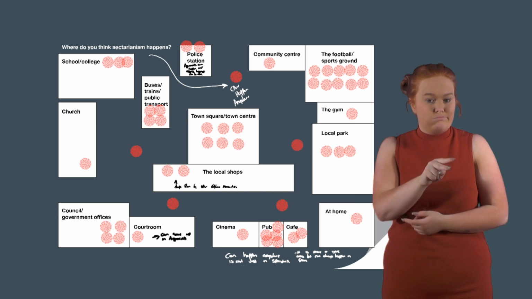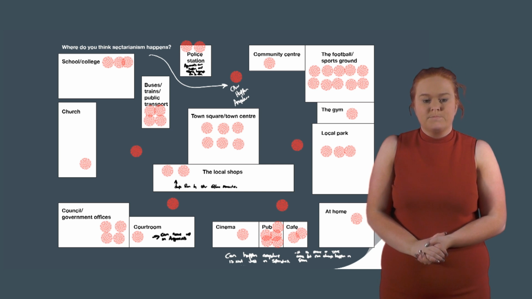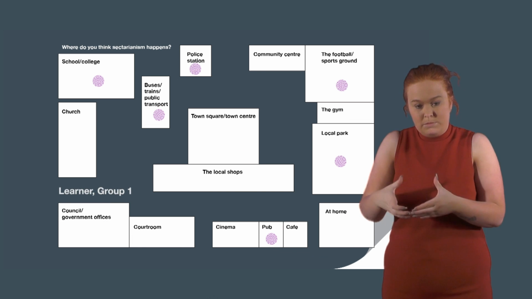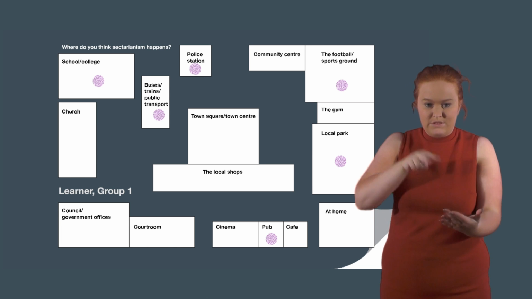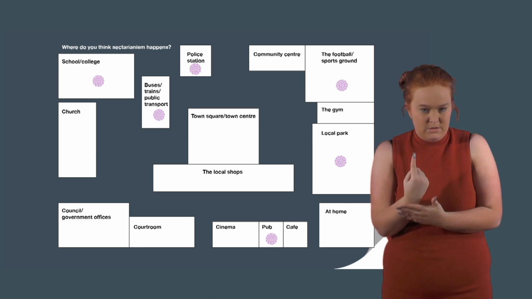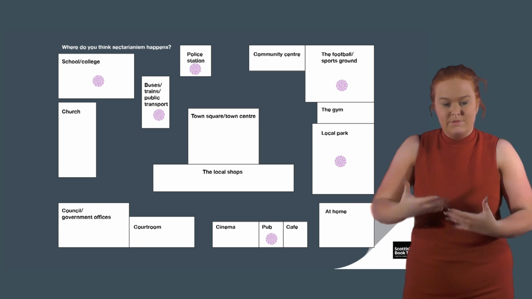However, these maps are useful as they allow you to see where each learner thinks sectarianism does happen within their community. The map completed by the learner from the same group illustrates this really well. You can see they have a lot less dots. This also means that if a learner is given this map activity and makes no marks on the sheet at all, that's still a useful result.